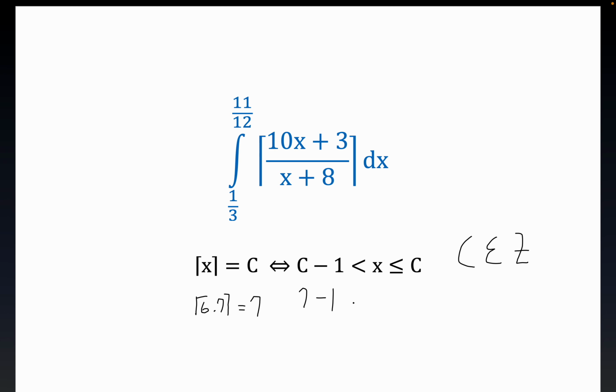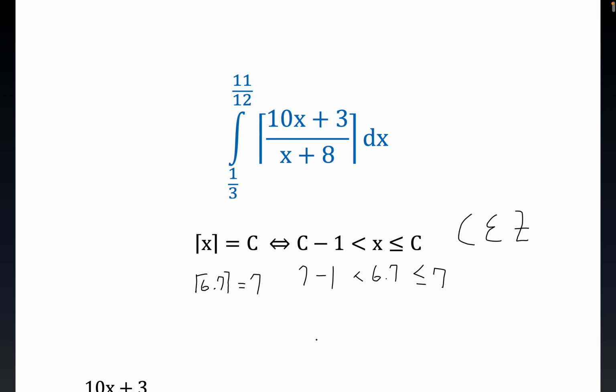Again, we need something formal like this to work this problem. Is less than 6.7, excuse me, less than or equal to 7, right? Again, you can just read off the answer that the ceiling of this is 7, just because you know that's the smallest integer that's greater than 6.7. But we need a formal definition.